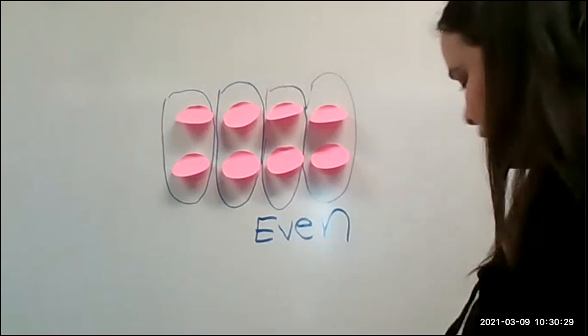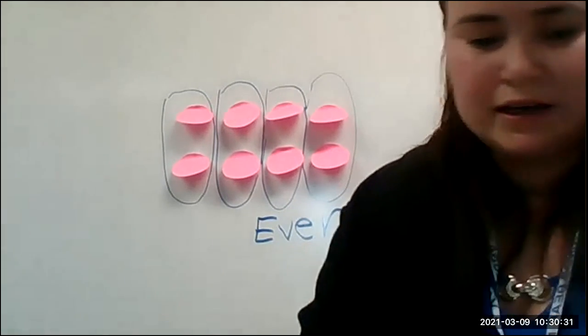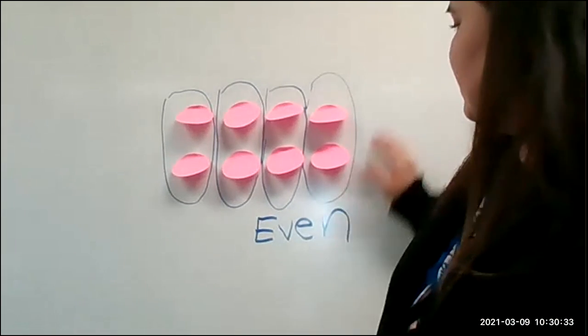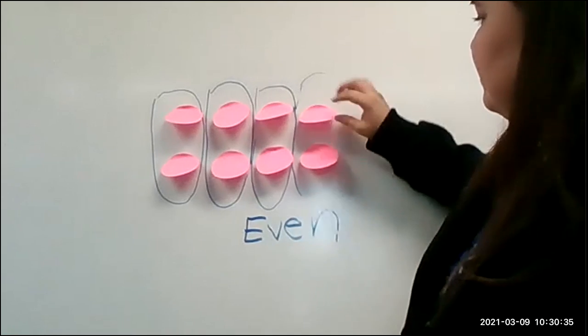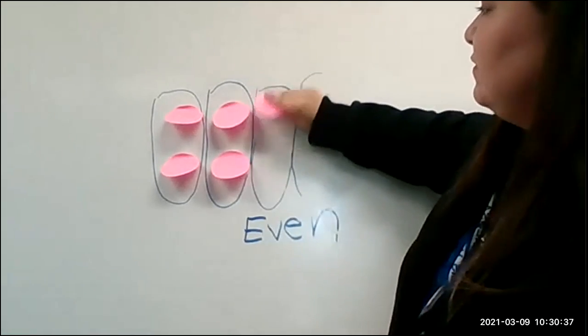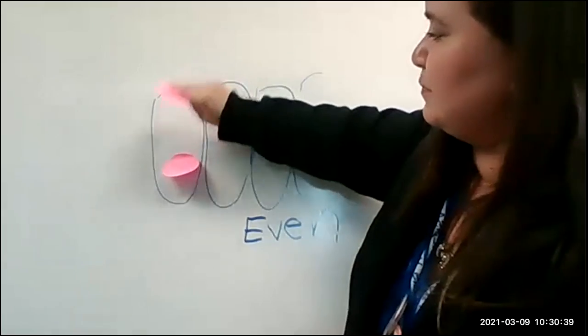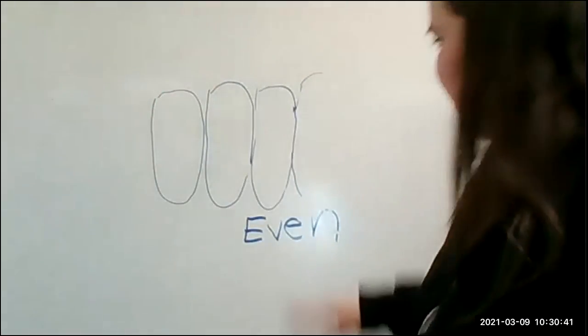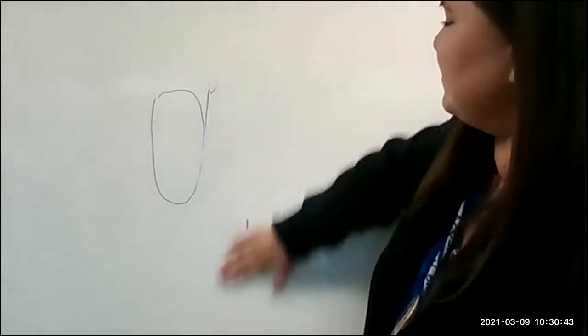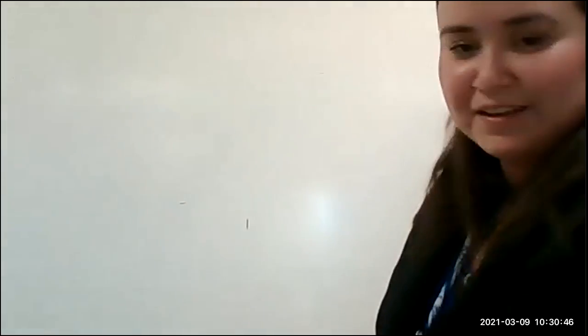Okay. So now we're going to do another number. And so I'm going to take these off. We're going to do a larger number this time. All right, friends. We're going to do the number 18.